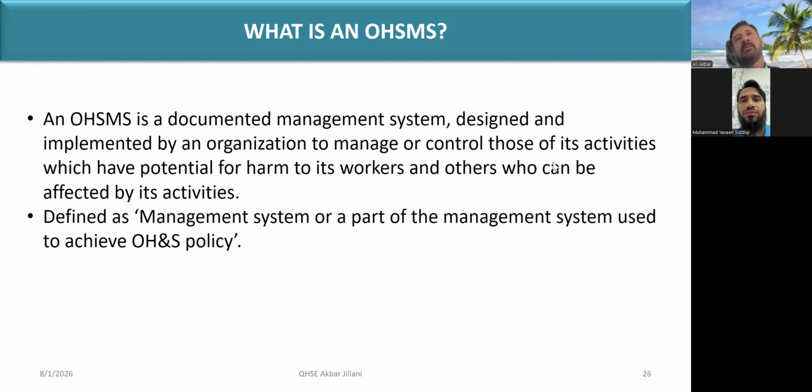System procedures are in line with the requirements of the ISO standards. And then the OCPs, meaning operation control procedures. We also call these work instructions, or SOP, standard operating procedure.